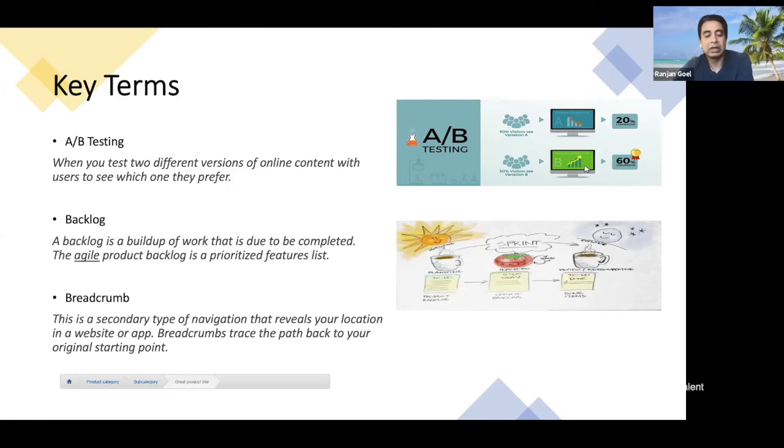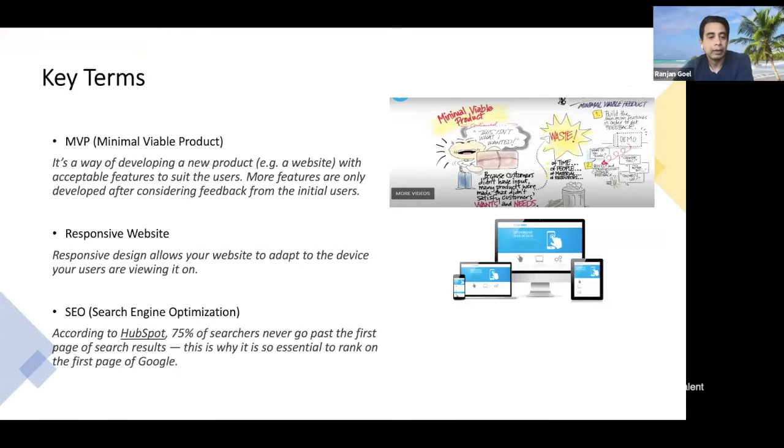So if you are 3 clicks down in the product, starting from the home page, then you were in the product category, then you picked the subcategory, and finally you got to a page, that hierarchy is shown as a breadcrumb on the top of the page, and that allows you to move back and forth. For a lot of people, it's slightly better than the browser back button, because a lot of times you forget how you came to this particular page. So the breadcrumbs are useful that way.